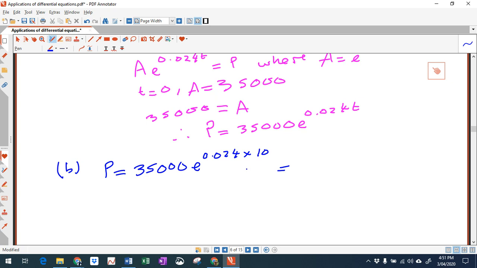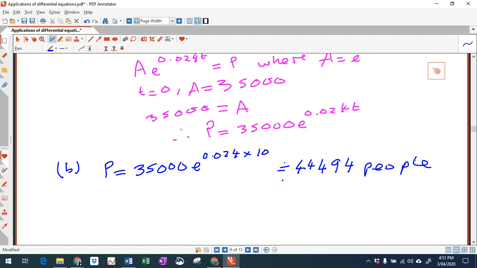So 35,000 times e to the 0.24, and that'll be, say, 44,494 to the nearest person. There's people there. Okay. All right, good. So that's part B done.